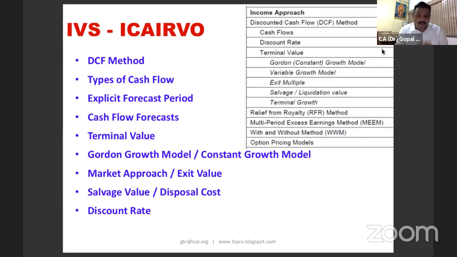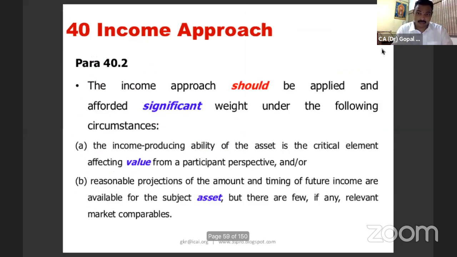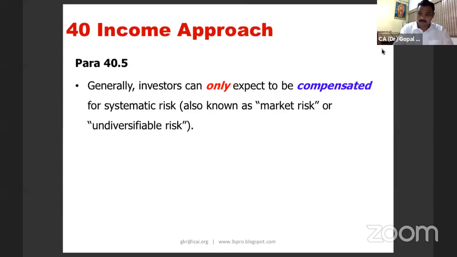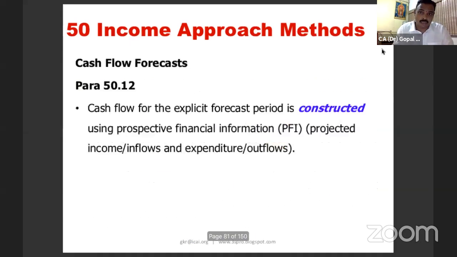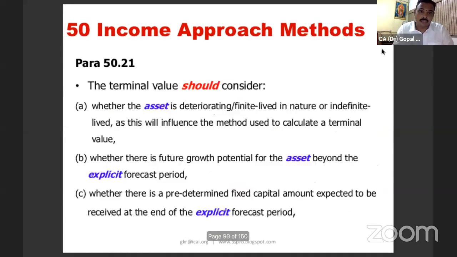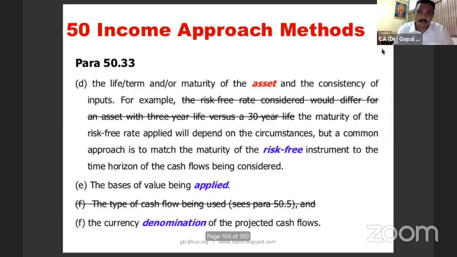So many paragraphs they've added, and it gives you a lot of comfort, and the approach itself will be different when you read this. It's very, very interesting. So I'll also spend some time here. And after this, you have the cost approach. So what I will do now, I'll finish the cost approach and I'll come to this. Then we'll take the questions.